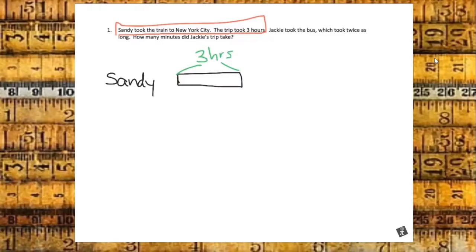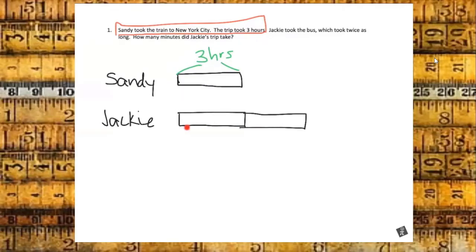Now it says Jackie took the bus, which took twice as long. Jackie's bar needs to be twice as long, so it's going to be one of Sandy's and another of Sandy's.